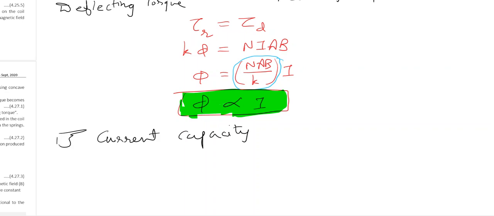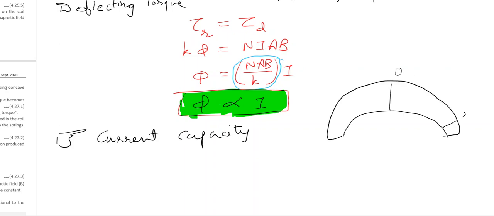As the name itself suggests, if this is the scale of galvanometer, and here I have 0, here I have 30, then how much current do I need? If I want my pointer to go from 0 to 30, suppose I need 0.5 ampere, then 0.5 ampere is called current capacity.